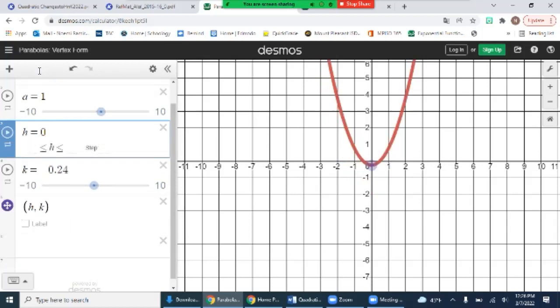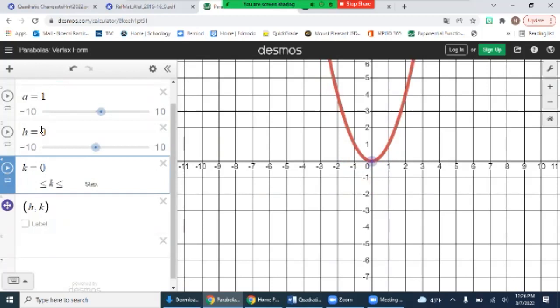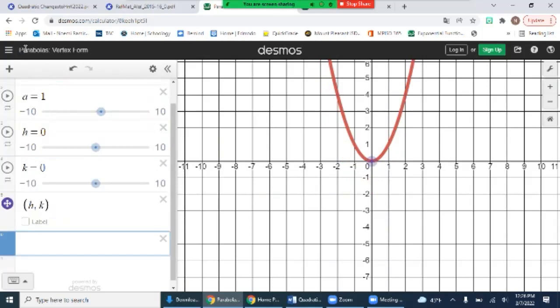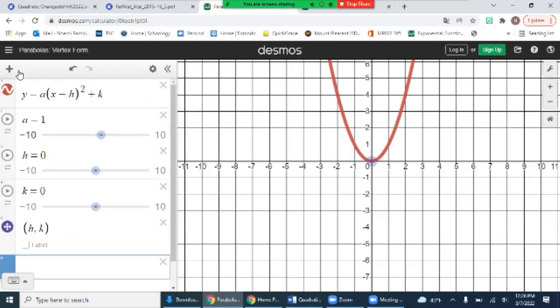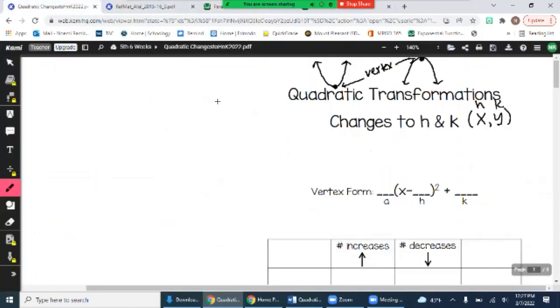Look at A, look at the sliders. It has an actual number on it. A is 1. The value of A is 1. This one is the standard form. A is 1. Okay. A is responsible for two things.